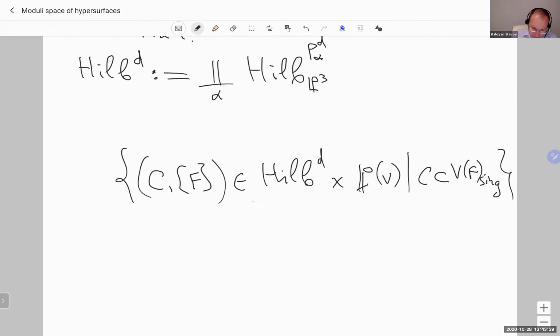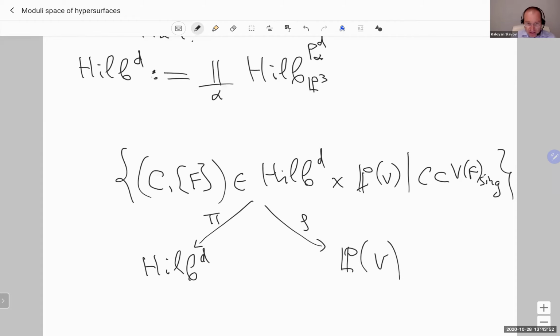Now, it comes with two projections. Pi is the projection to the Hilbert scheme, Hilb D, and rho is the projection to the space of hypersurfaces. We'll give two separate arguments, when d is small and when d is large.